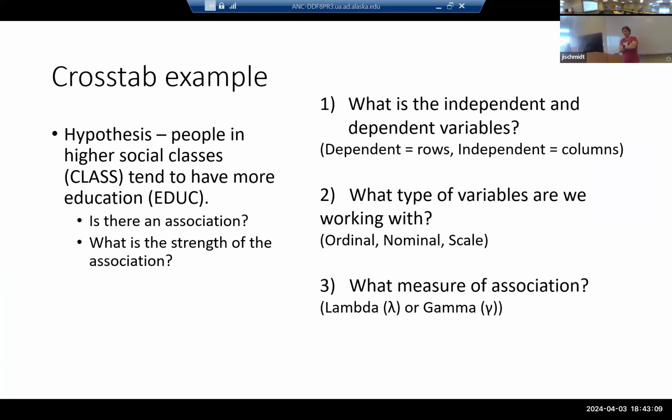So people in higher social classes tend to have more education. So what would be the dependent variable? Education. I'm thinking.